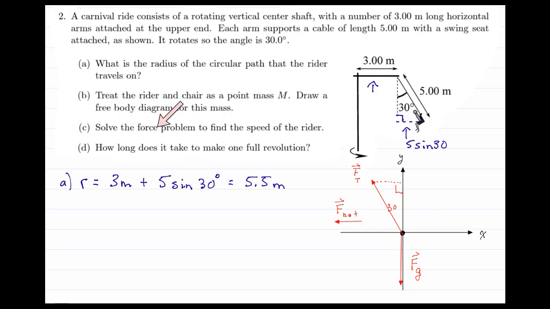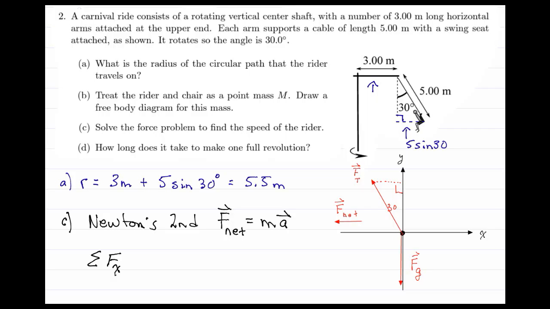So this is our free body diagram. That's part B. Part C, we're asked to find the speed of the rider. In order to solve the problem, we should turn to Newton's second law. So from Newton's second law, remember that the net force as a vector is equal to mass times acceleration as a vector, and we can in fact just consider Newton's second law in component form. So let's consider the sum of the components of the forces in the x direction.